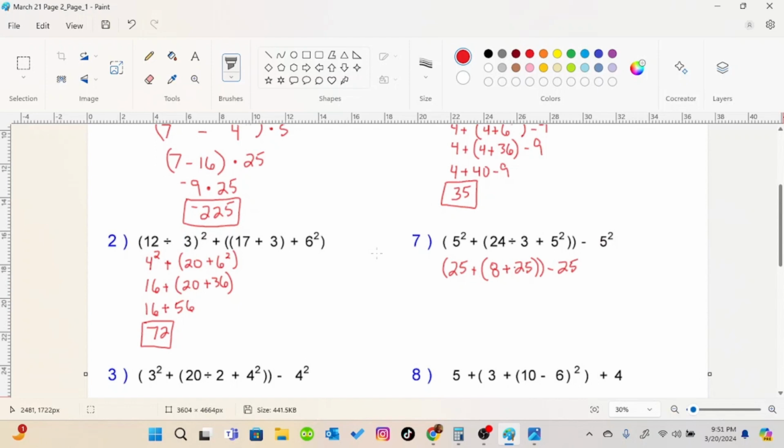Now I'm going to do my parentheses. 8 plus 25 is 33. I do parentheses. 25 plus 33 is 58. And 58 minus 25 is 33. Final answer.